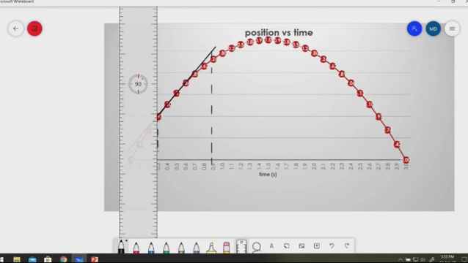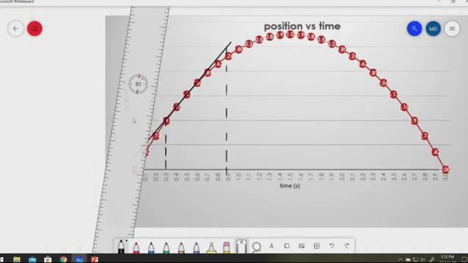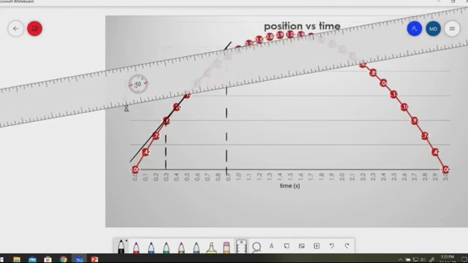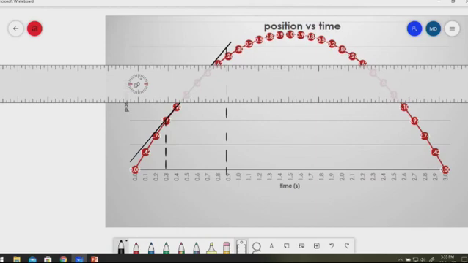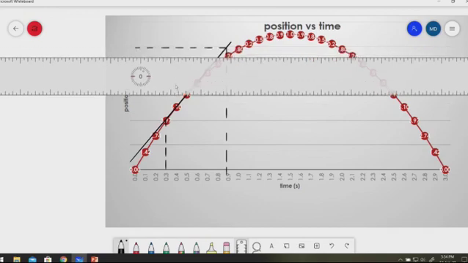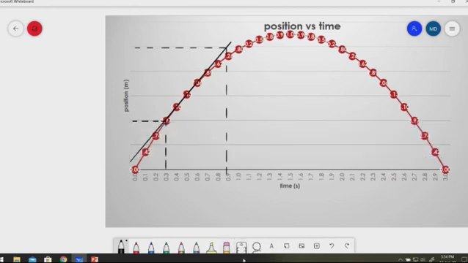Again, guys, this is going to be a very rough estimate of the gradient of this line. Now I'm going to find the corresponding y values. This is, of course, much, much easier if you have a straight line graph. So that is going to be our y1. And that is going to be our y2. Right, so let's pack the ruler away.